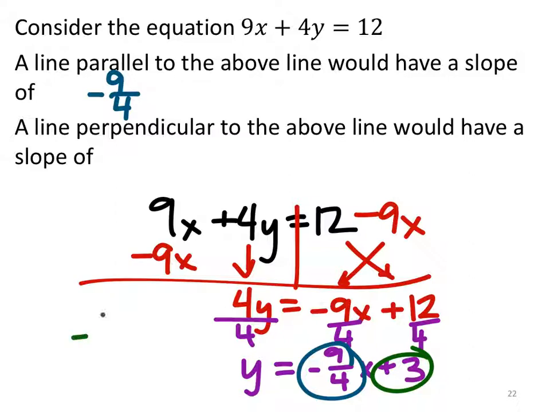So negative 9/4 reciprocated would be negative 4/9. But we also have to take the opposite of that. So it would be finally positive 4/9, which we can just write as 4/9. And that would be the slope of the perpendicular line. Now we don't know the y-intercept, we don't really care because they didn't ask for it.